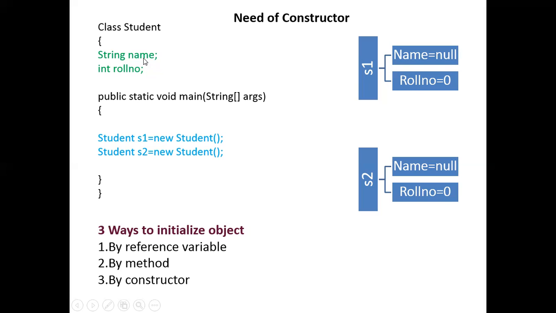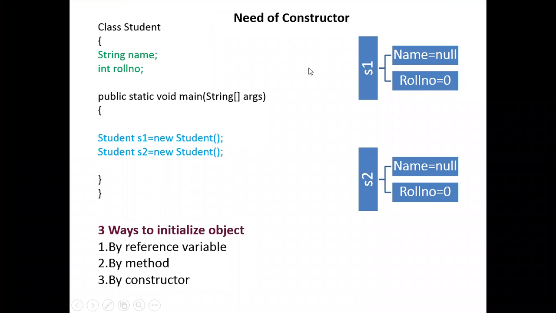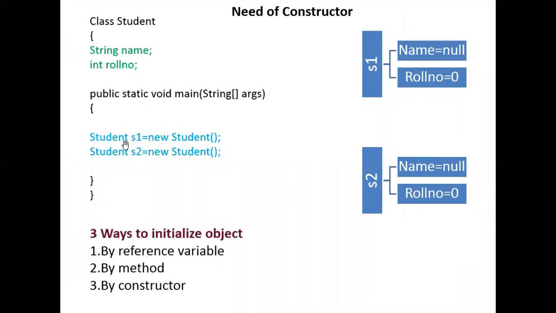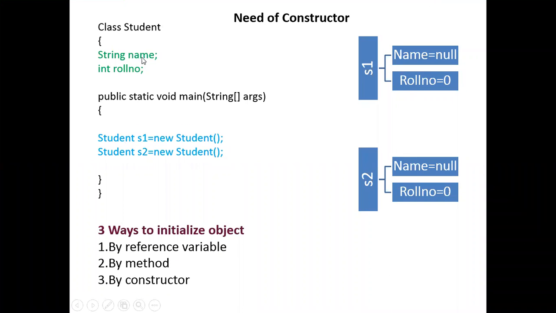We have not provided any value to these two instance variables. We have not initialized name and roll number. So when we create an object of this class, the default value is assigned. The default value for a string is null and the default value for an integer is 0.